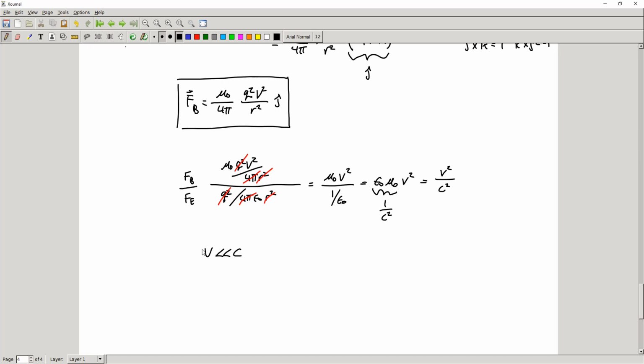We're looking at small v. But if v is much, much smaller than c, obviously v squared is much, much smaller than c squared, right? And so this means that F_B is much, much smaller than F_E. And so our magnetic force, the force experienced by the top proton because of the bottom proton, is far less than the electric force experienced.